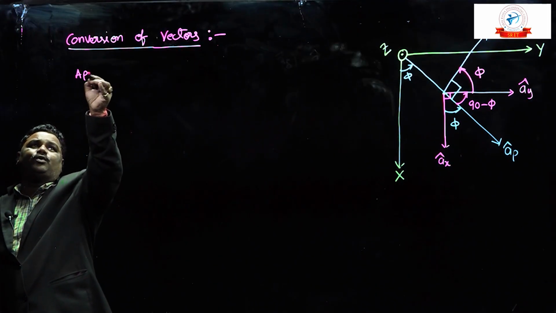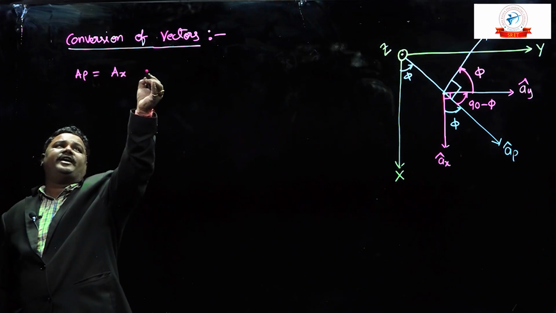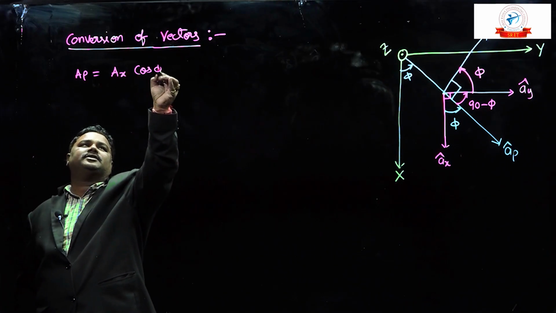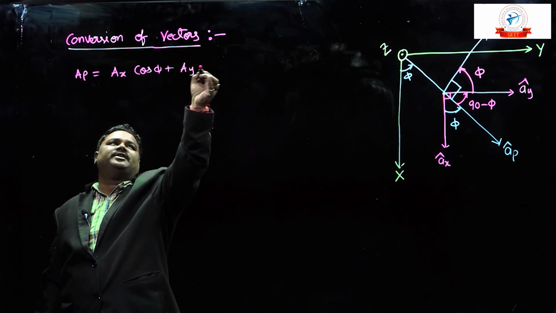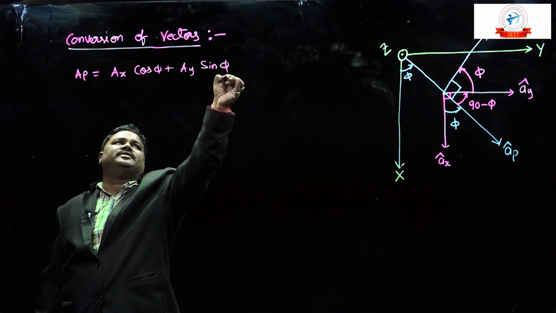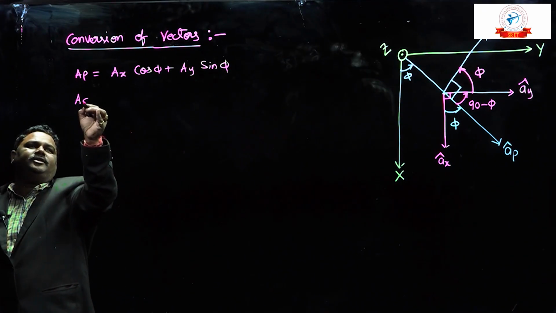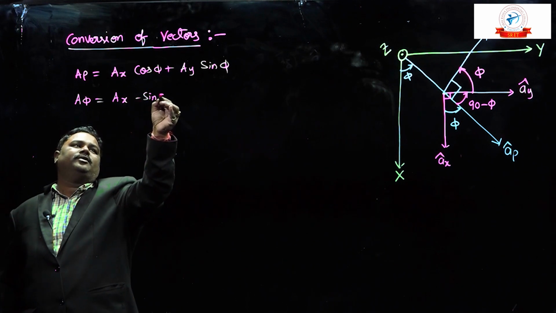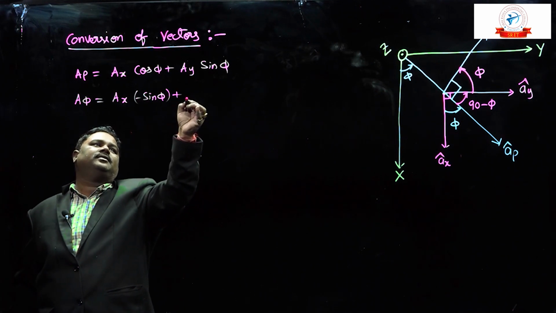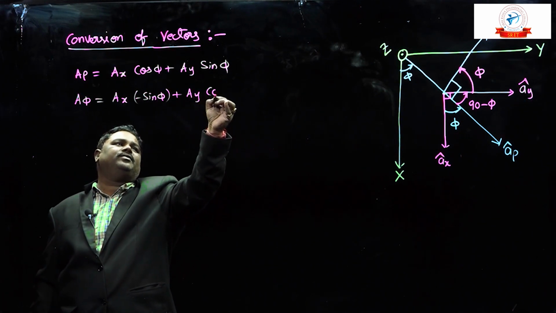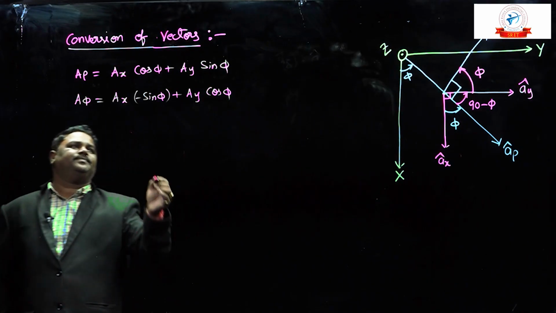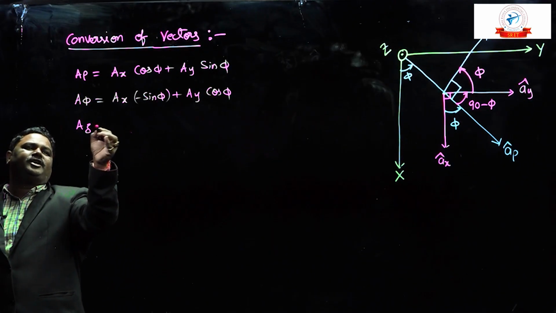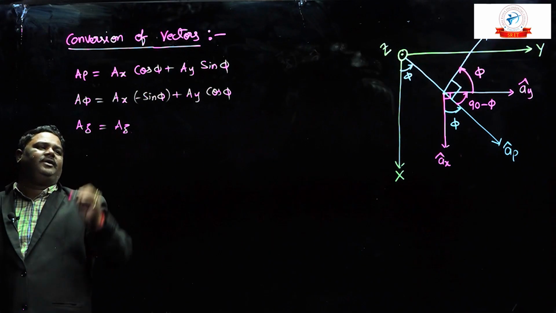First we have calculated rho component, that is Ax into cos phi plus Ay into sin phi. Then we have calculated phi component, Ax into minus sin phi plus Ay into cos phi. Then z component is Az.